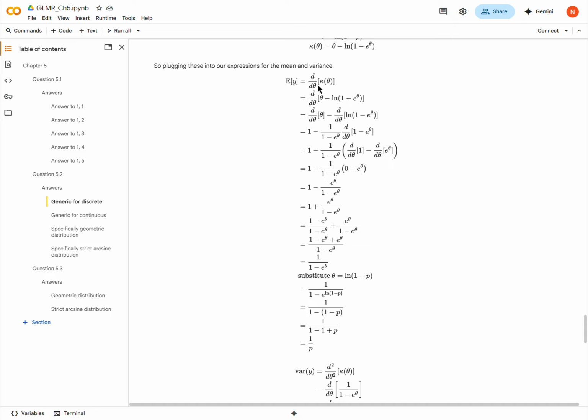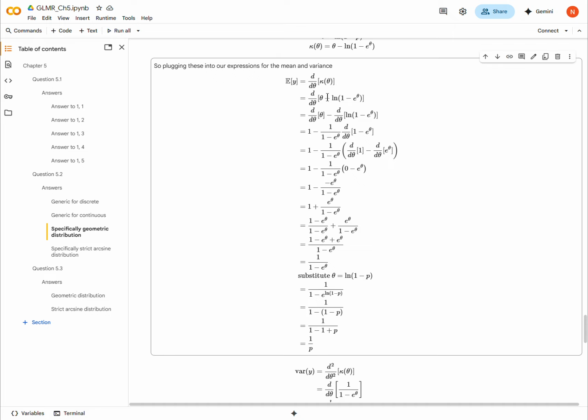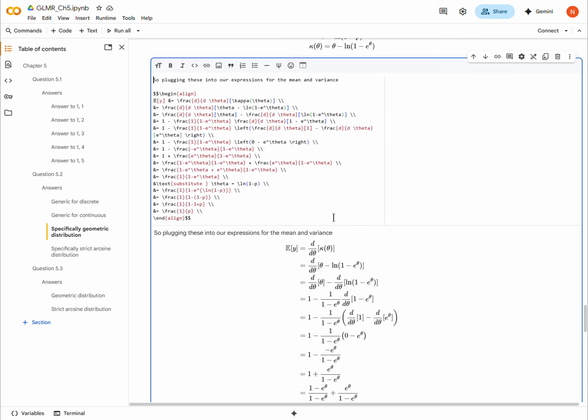What is my cumulant function for the geometric distribution? Above it shows that it's this, and then we carry through taking the derivative until we get to here, where we have 1 over 1 minus e to the theta.